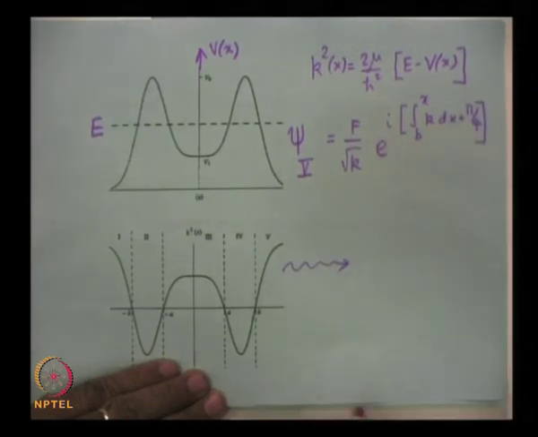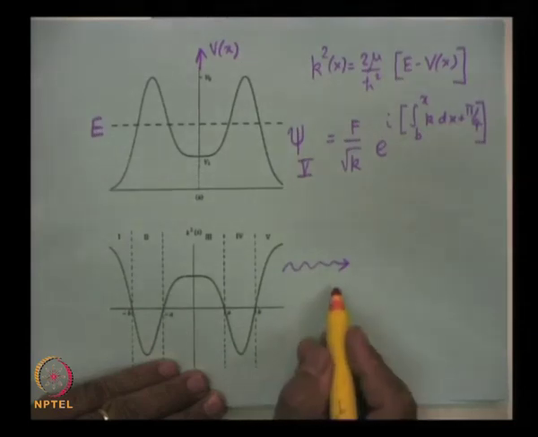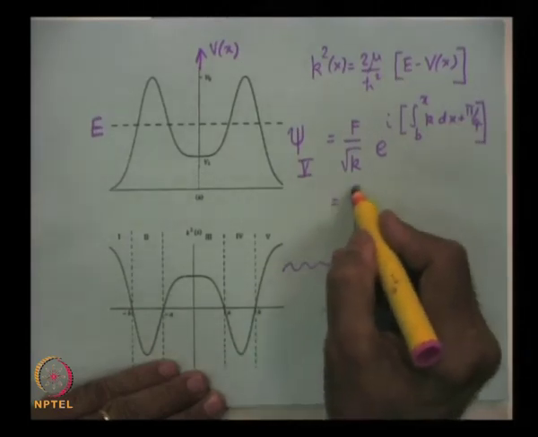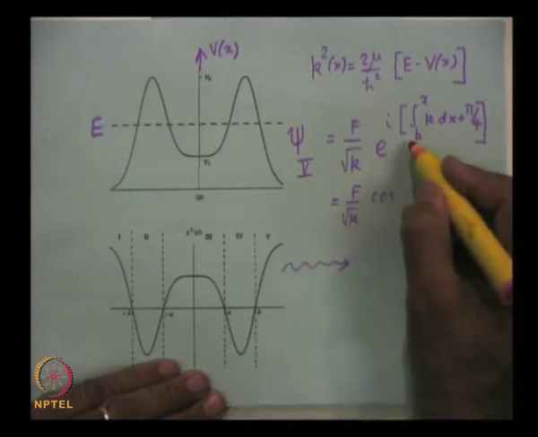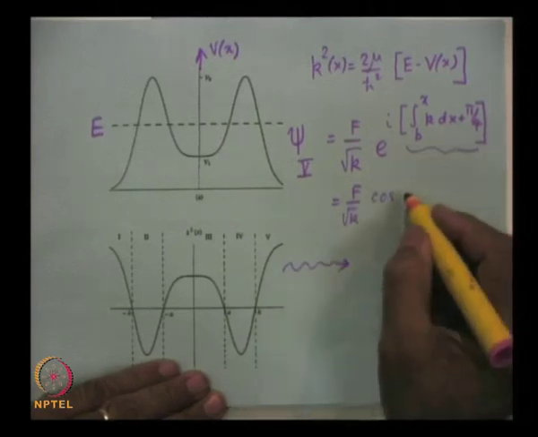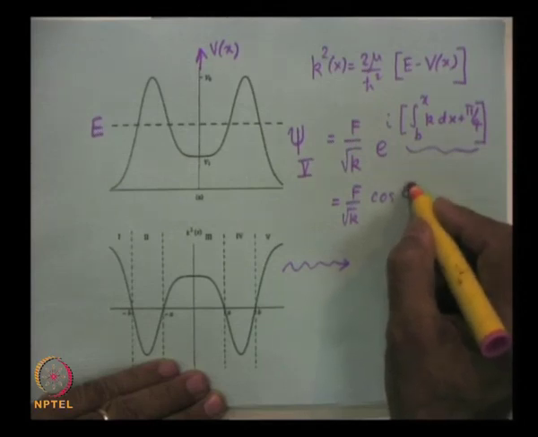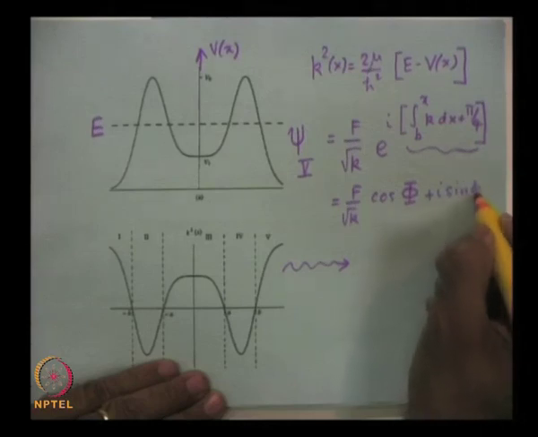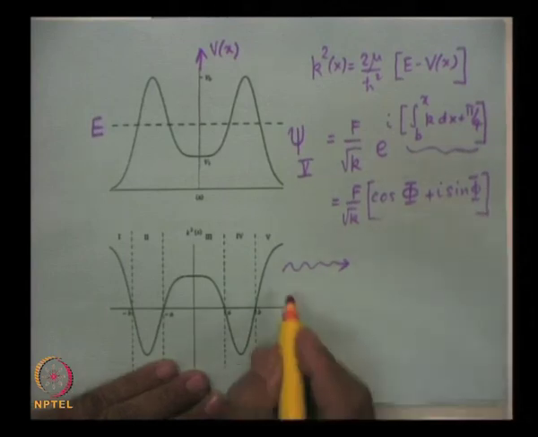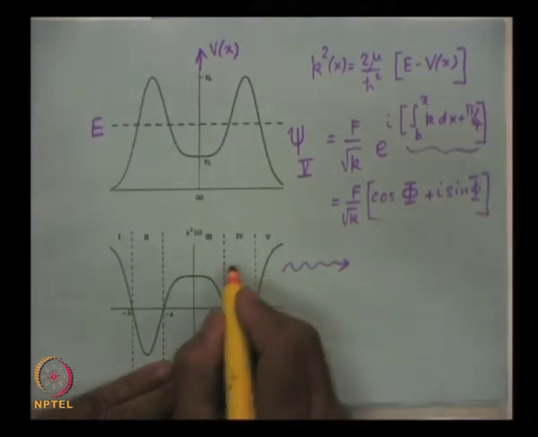I write this solution as f by root k cosine of the same argument, plus i times sine, say capital phi plus i times sin phi. And then use connection formulae to go to region 4.